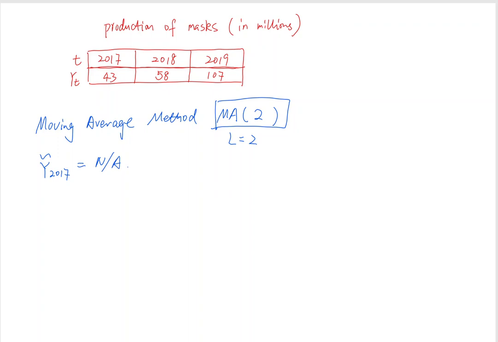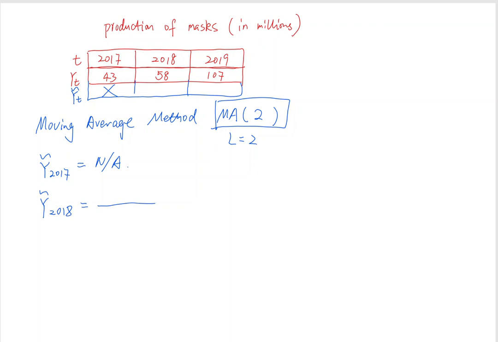Let's draw one more row here for the estimated value of y of t. For this first part, it is not applicable. What about next year, 2018?